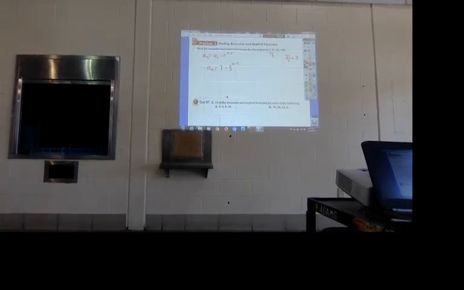So this is my formula I would give them. If I wanted to find the fifth term, I could have a sub 5 equals 7 times 3 to the 5 minus 1. Well, 5 minus 1 is 4, so 3 to the 4th, which gives 567.